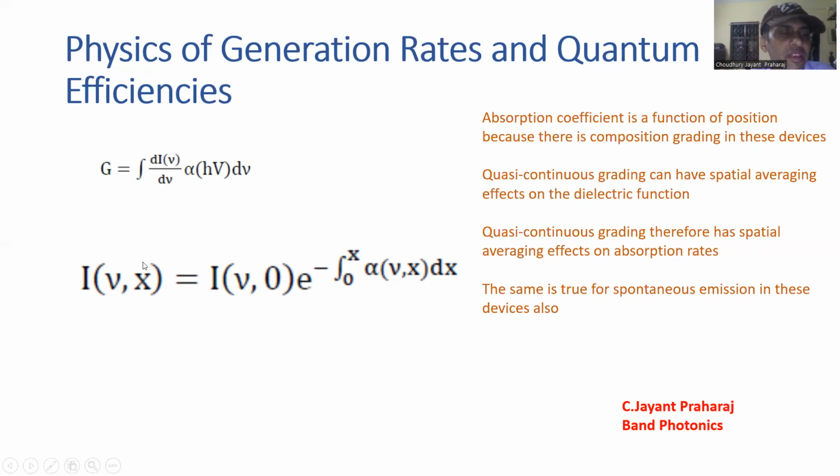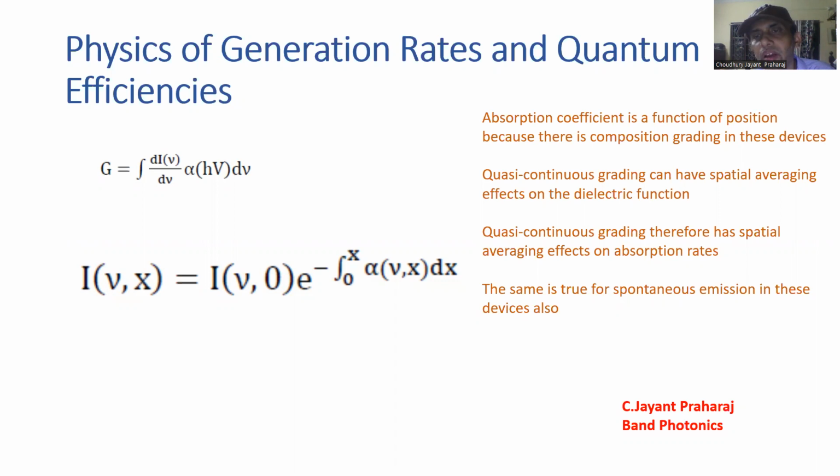Now, this dependence of intensity and then this generation rate as a function of intensity profile in these materials are what gives the generation rate as a function of position in the various device equations that we discussed in previous slides. And those are the generation rates that go into determining short circuit currents, etc., and then determining the currents and voltages that we can get out of these devices under solar cell operation.